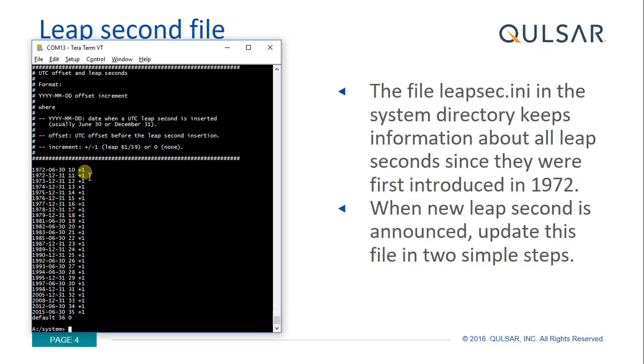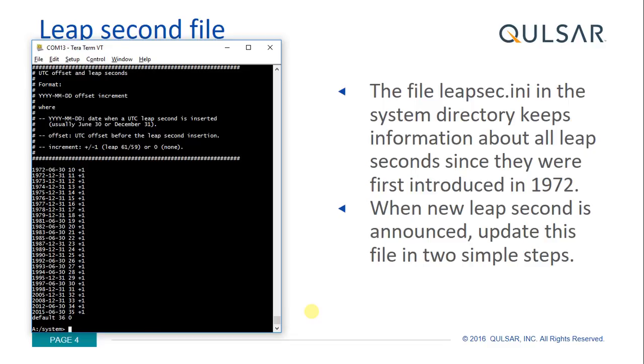And here we can see all the added leap seconds, starting with the 10 leap seconds added in 1972, or actually 11, and all the way up to the last leap second here in June 2015.